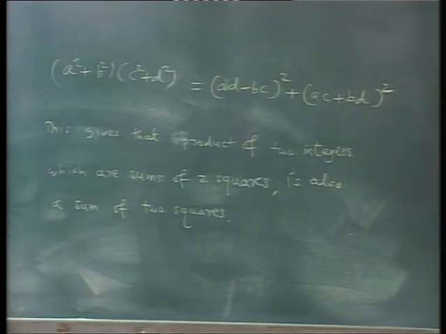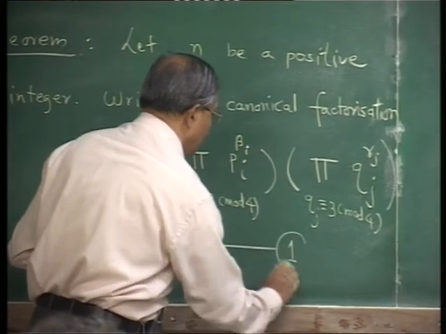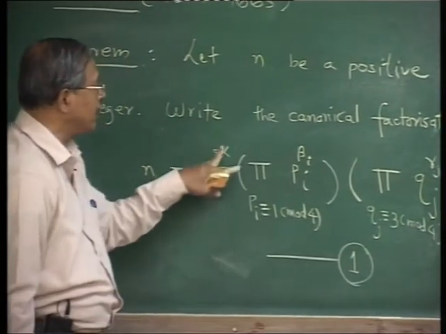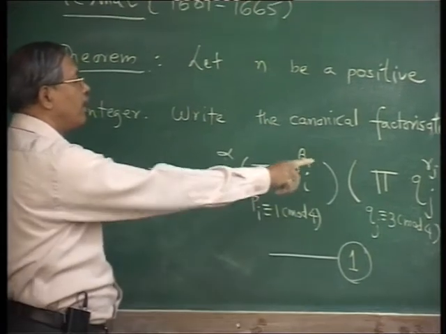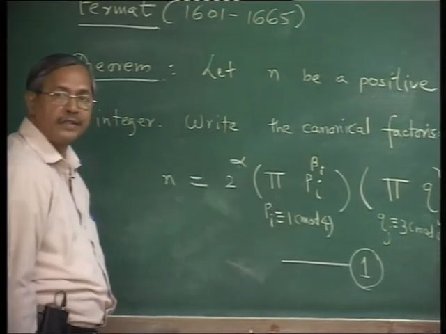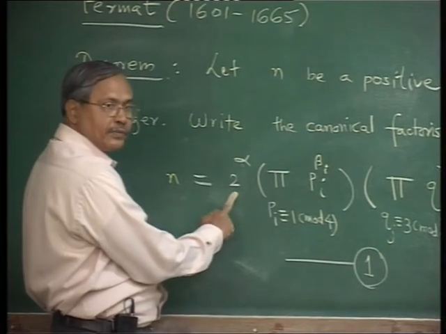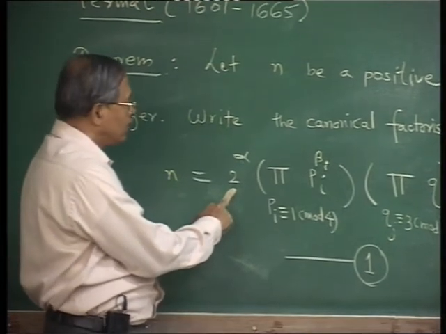Now, you call this as 1. Write n as 2 raised to alpha into product of pi raised to beta i into product of qj raised to gamma j. Now 2 can be written as a sum of two squares.